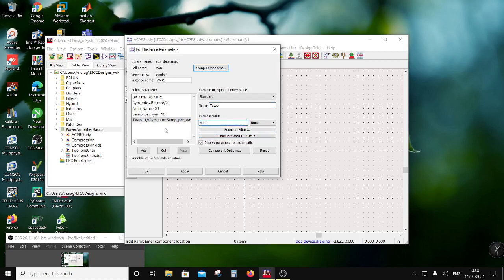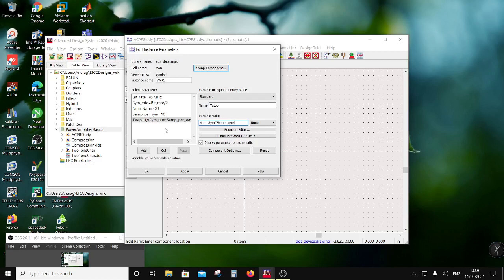Total number of symbols, sorry, multiplied by the samples per symbol.